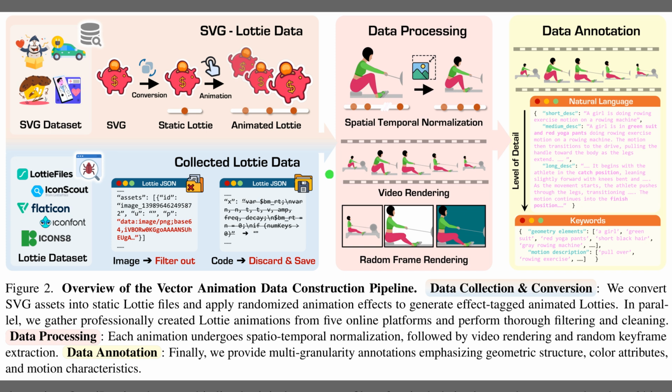The middle column shows the data processing stage, where these animations undergo spatial temporal normalization and are rendered into video frames to help the model understand motion. Finally, on the right, the data annotation block pairs these visuals with multi-level text descriptions, ranging from short captions to detailed paragraphs about geometry and motion, which creates the rich supervision needed for training.